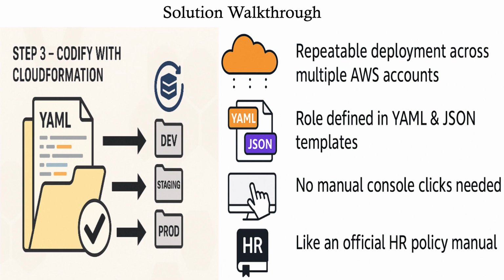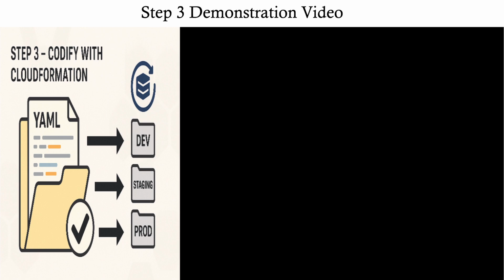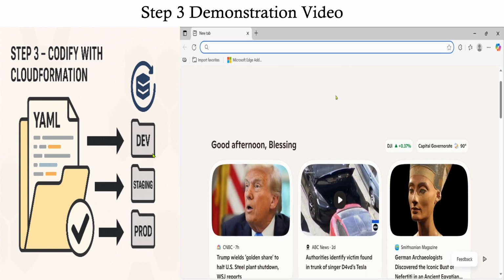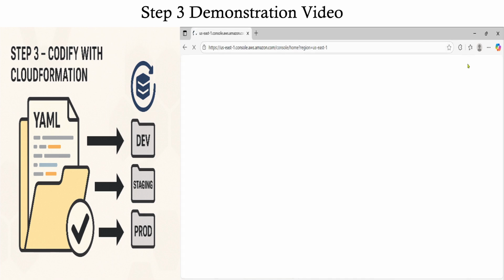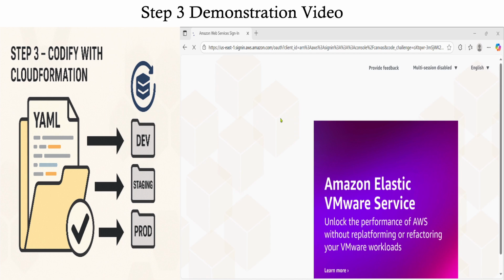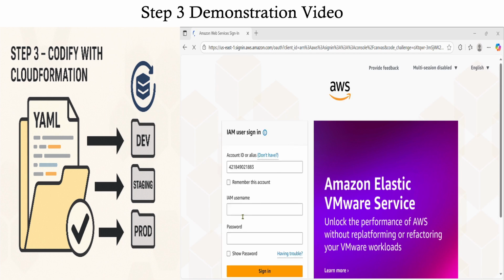Let's see the codification in action. In step 3, we take what we just built manually and codify it into a CloudFormation template. So we're signing into our account, CloudUser, and putting the password.